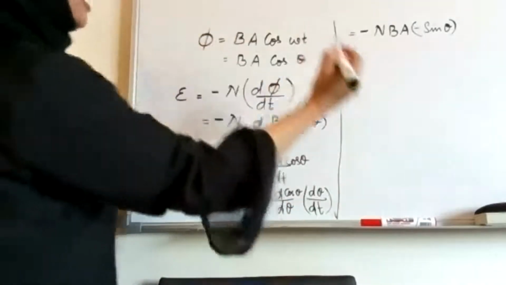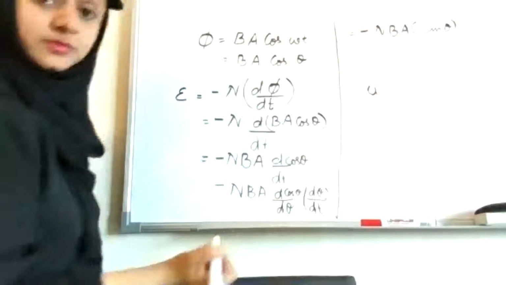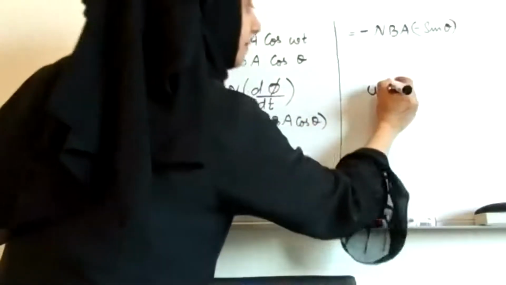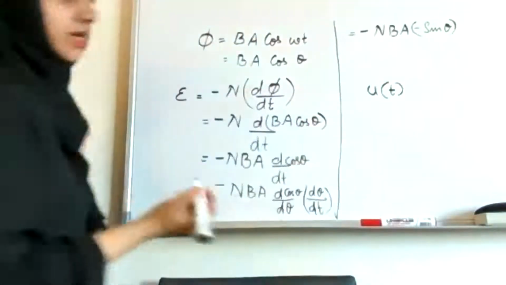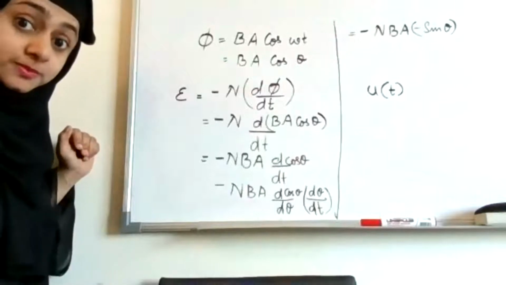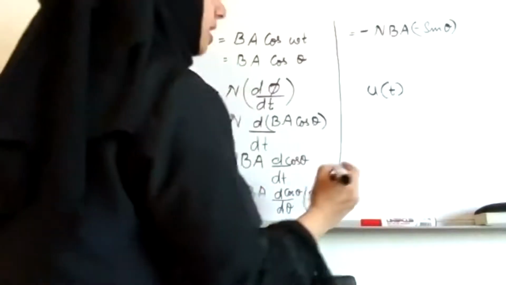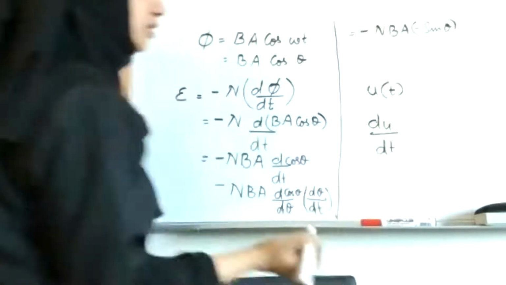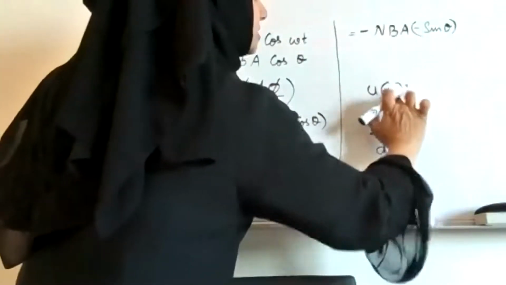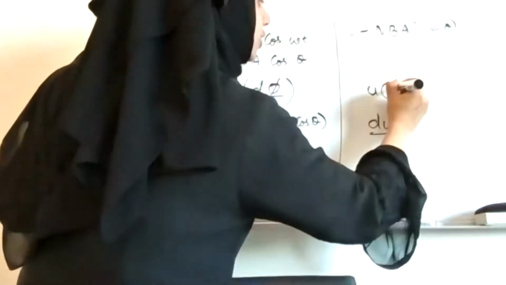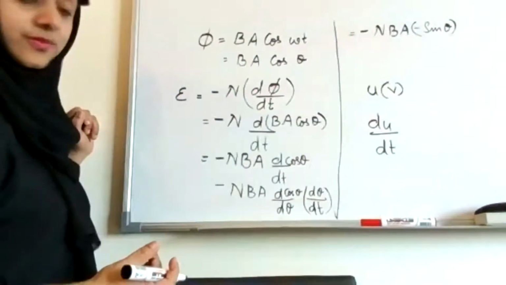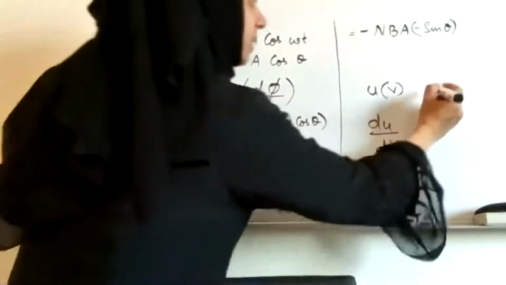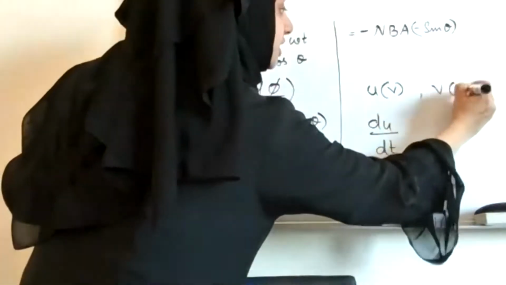Suppose you have a function u of t. U is a function of t. Then du by dt you want to find. Suppose you have u, which is a function of v, and v is a function of t.